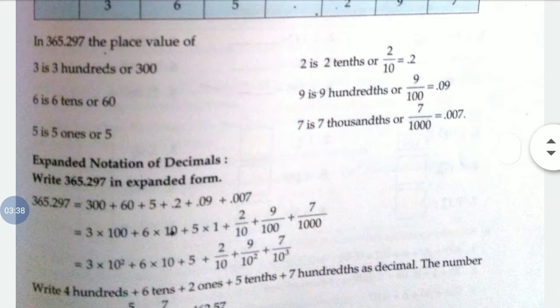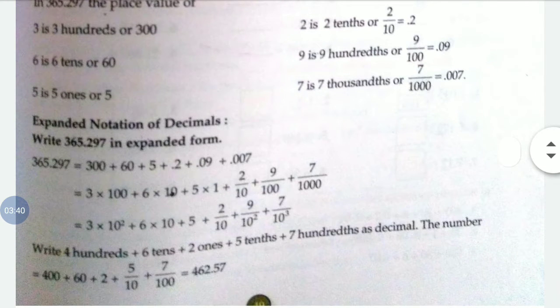Then the expanded form of it. As we know, the expanded form is just writing the place values and giving the addition sign. So 300 plus 60 plus 5 plus 0.2 plus 0.09 plus 0.007 in decimal expanded form.